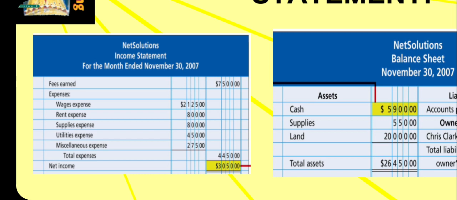See here in this sample income statement, the business has a fixed revenue, and then you have to minus all the expenses. The total revenue is 7,500. Expenses is 4,550. So this business is making $3,050 profit.